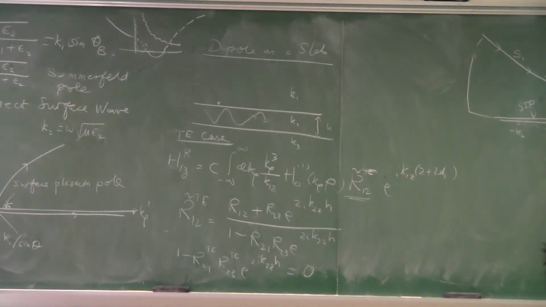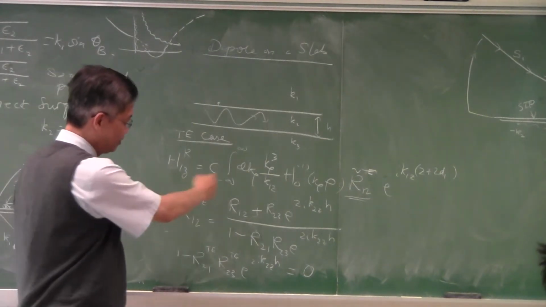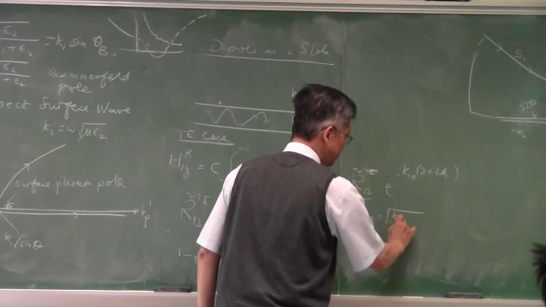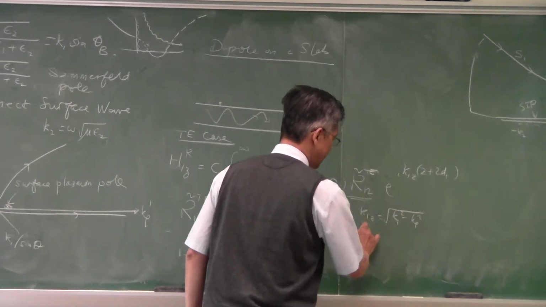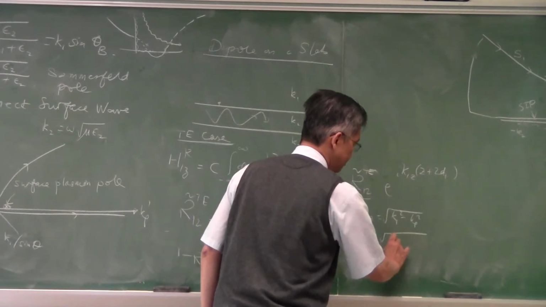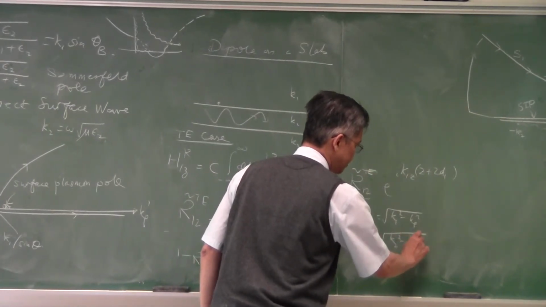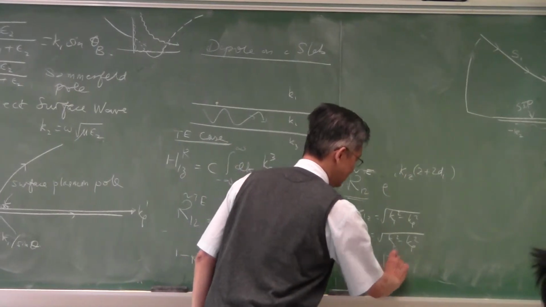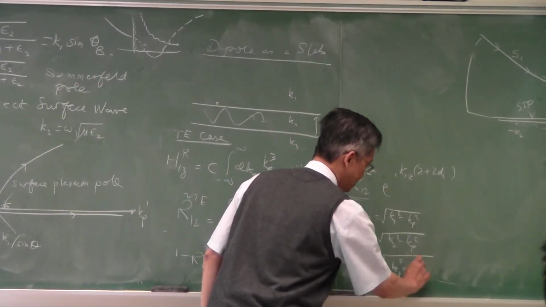It turns out that these will be functions of kiz: k1z equals the square root of k1 squared minus k rho squared, k2z equals the square root of k2 squared minus k rho squared, and k3z equals the square root of k3 squared minus k rho squared.